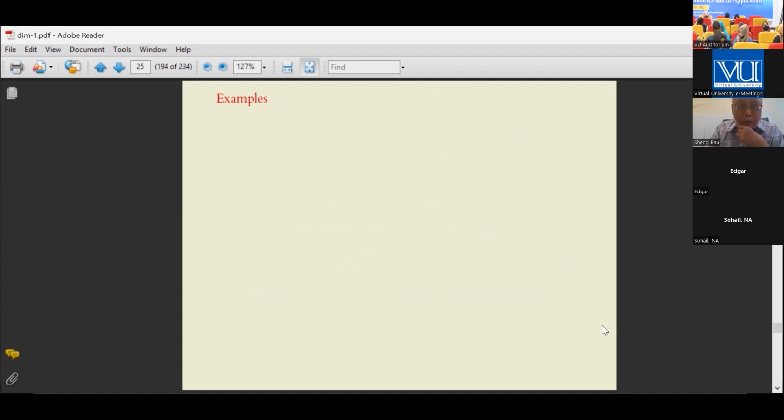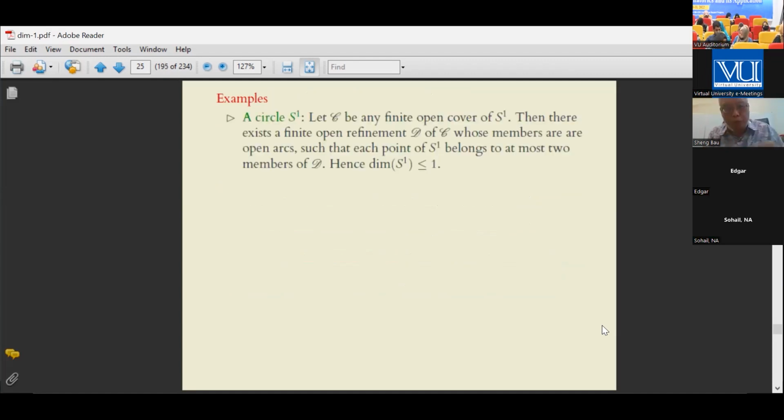So now, again, we go to the simplest possible non-Euclidean example, the unit circle, and we prove that its dimension is at most 1. And of course, it can be easily proved that it's at least 1. It's at most 1 because if you have any finite open cover of S1, there exists a finite refinement.